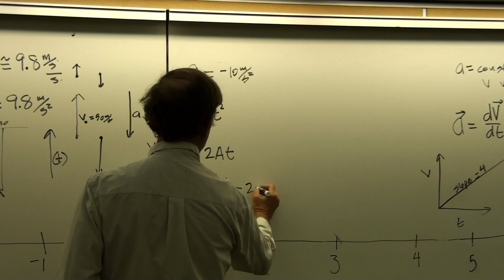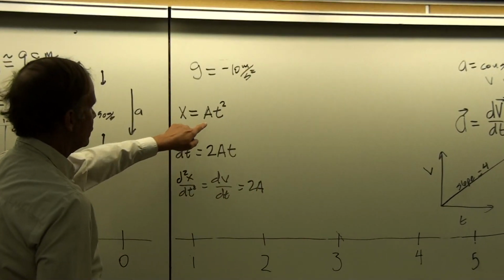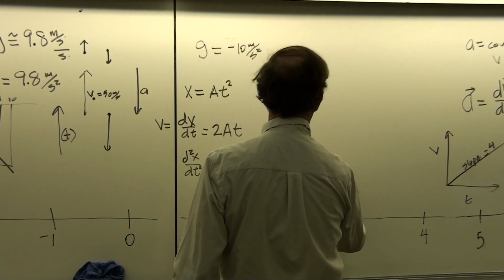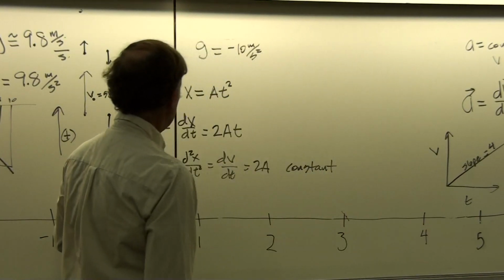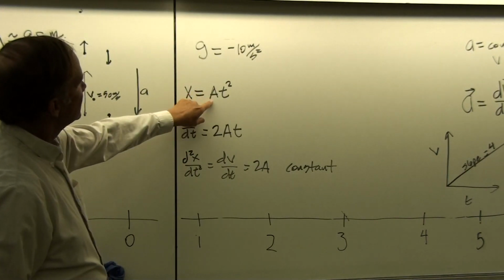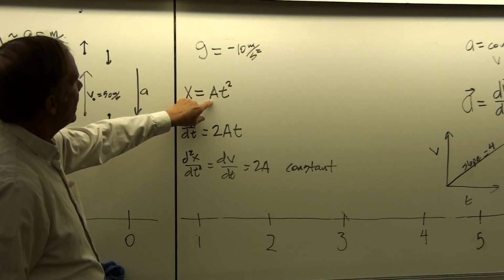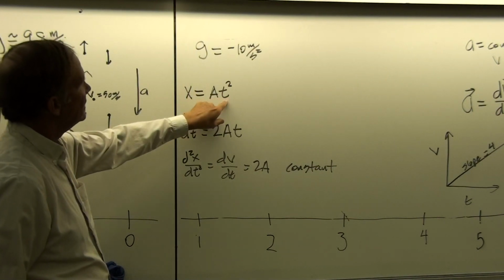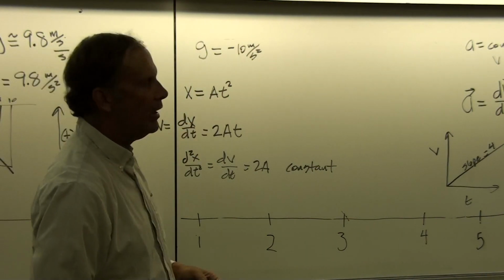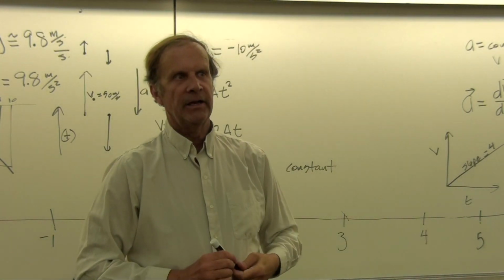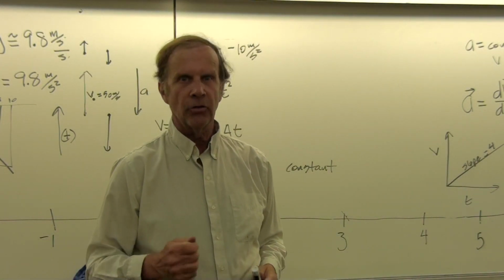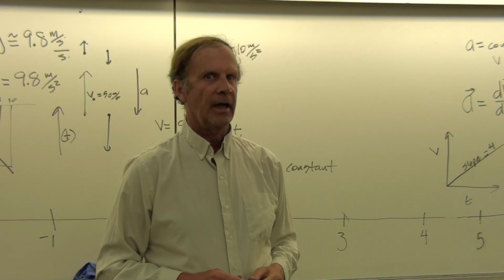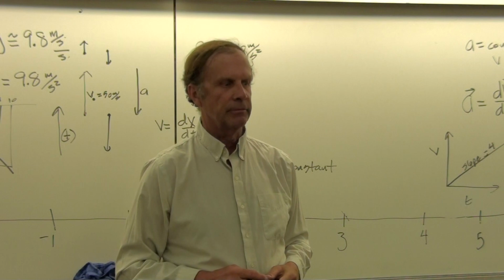That's just equal to 2a. And so that's a constant. So constant acceleration is the same thing as a parabolic relationship between x and t. In other words, a second order polynomial function corresponds then to a constant acceleration.